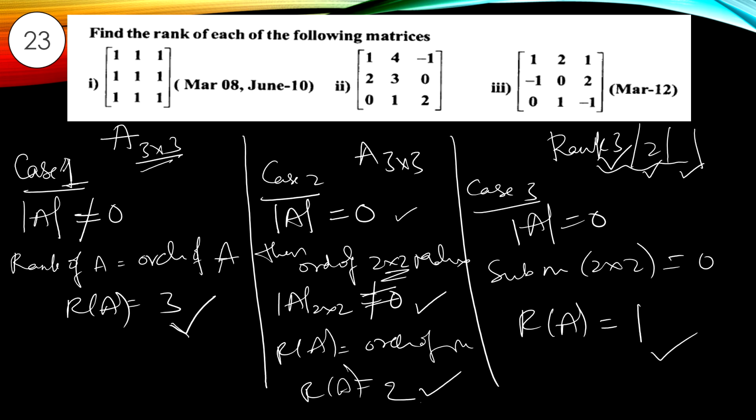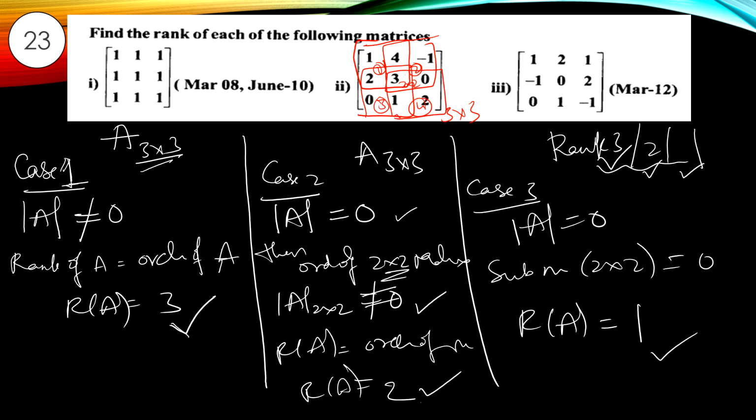Here the submatrix is nothing but, if you see here, if this is our matrix of order 3 by 3, this is a submatrix of order 2 by 2. Okay, this is one submatrix, and this is another submatrix. This is the first submatrix, the second, the third, and the fourth submatrix.